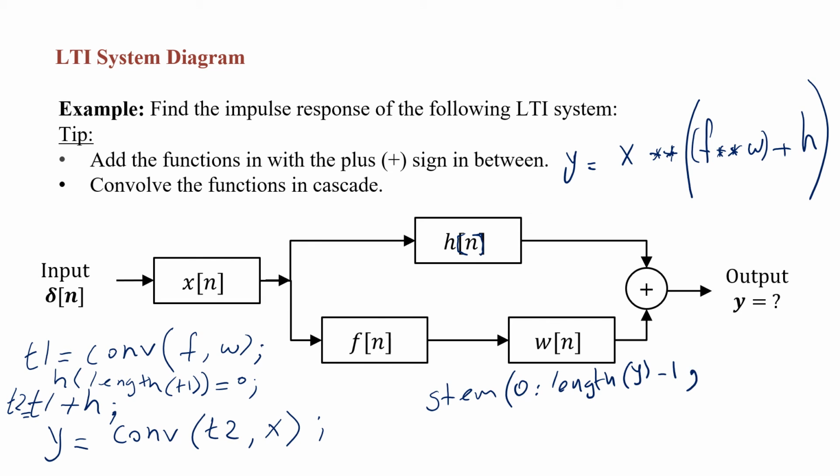The y-axis will be simply y, with a semicolon, which is optional. And of course, xlabel is x. ylabel, it's all lowercase by the way, ylabel is, I will call it y. And maybe the title can be the impulse response.